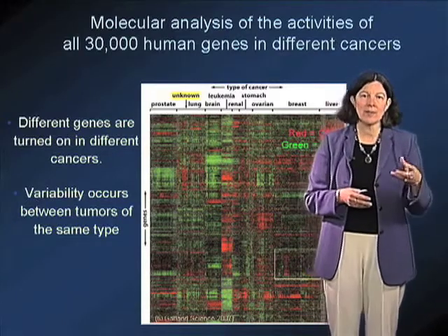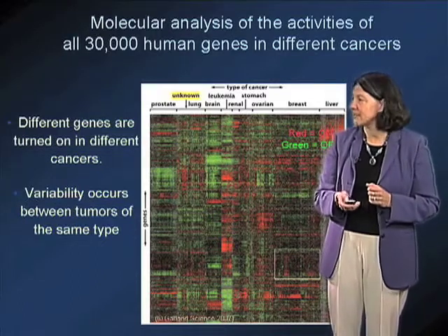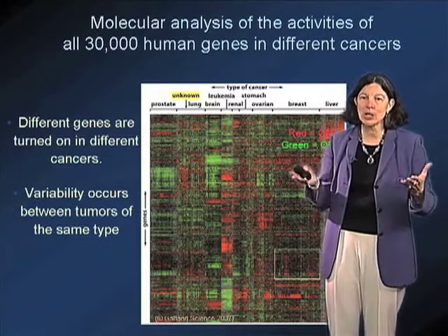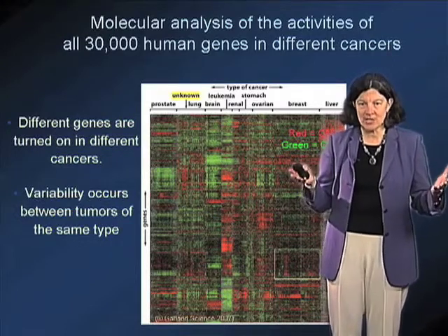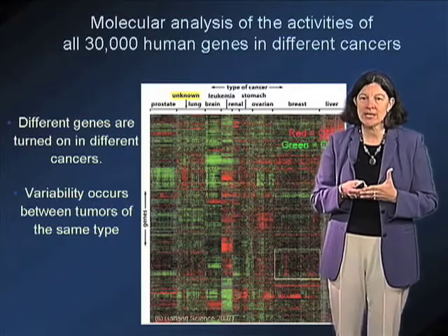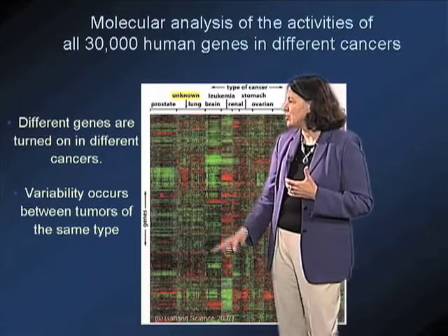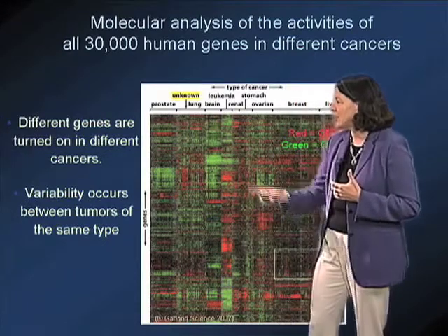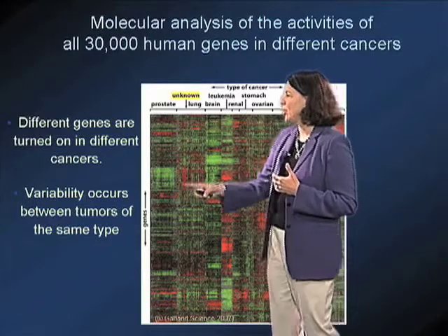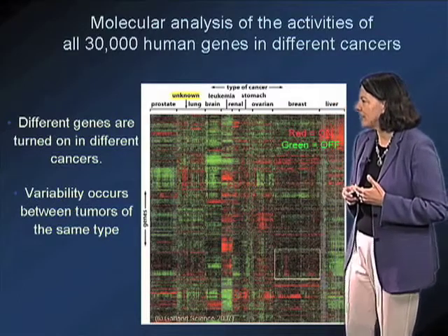I've already given you an example of several cancer mutations that can cause different kinds of cancers, and we now have the capacity to actually look at all 30,000 human genes for their expression simultaneously using microarray strategies. And when we do this in this image here, we're looking at 1,800 genes running from the top to the bottom of this panel, and 140 or so different types of tumors running from left to right.